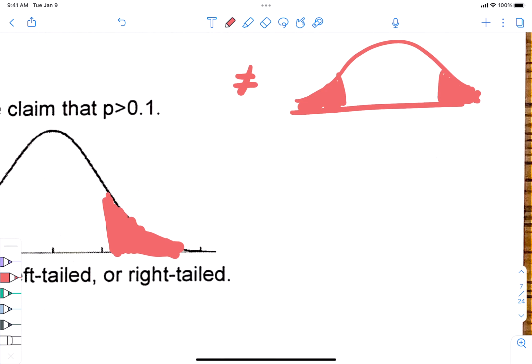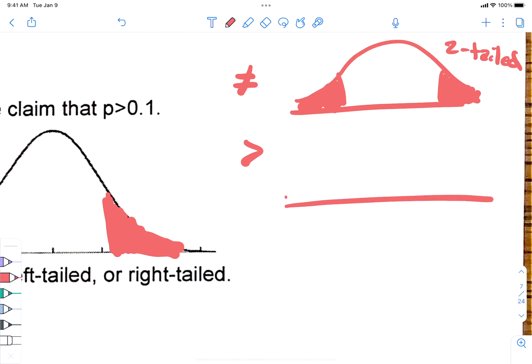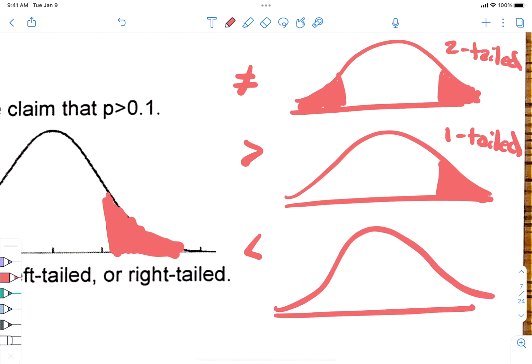It is called two-tailed. Why would it be called two-tailed? Because it has two tails. Greater than is going to be just the right side. That is called, anyone want to take a guess? One-tailed. And the less than is also one-tailed, but it is on the left side, one-tailed.